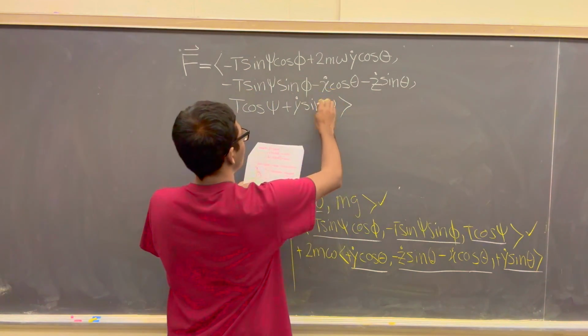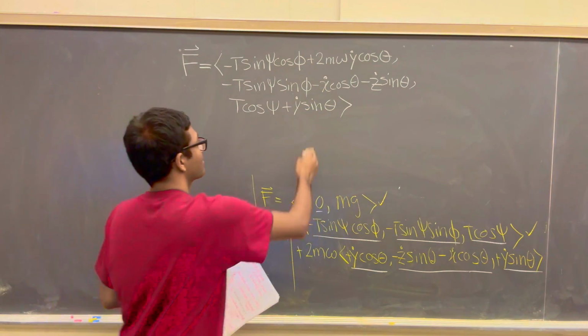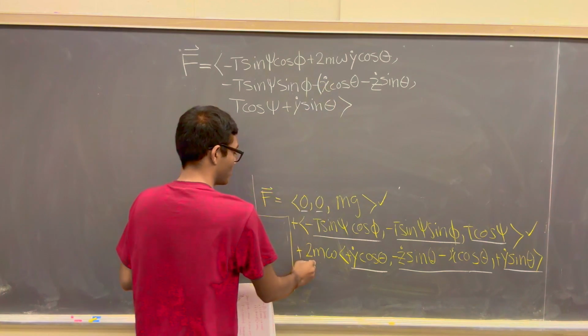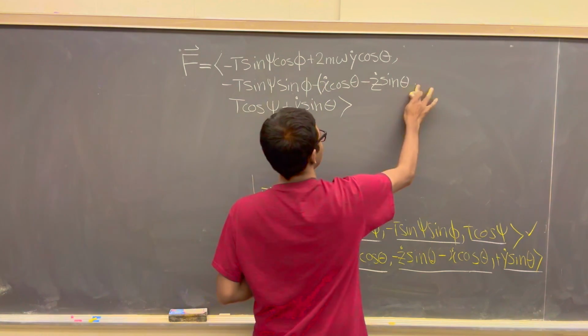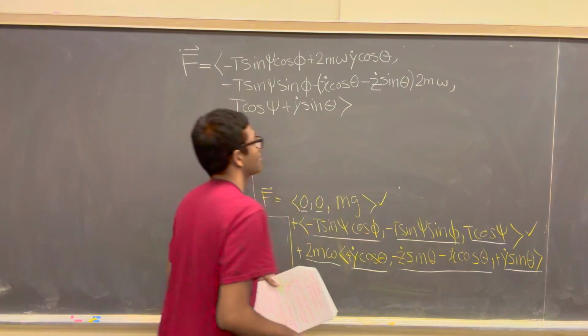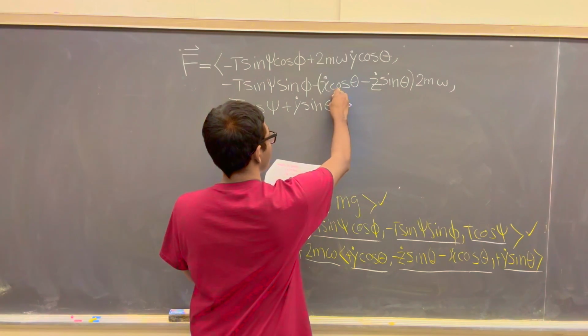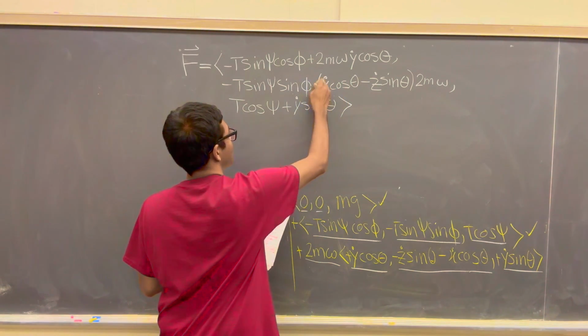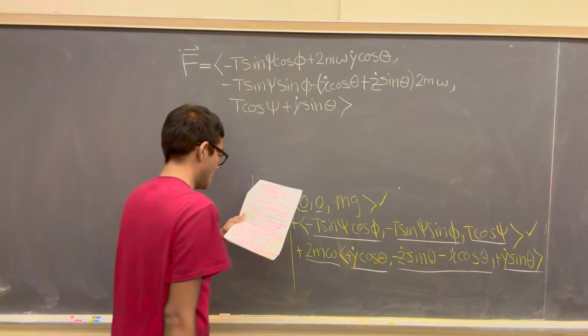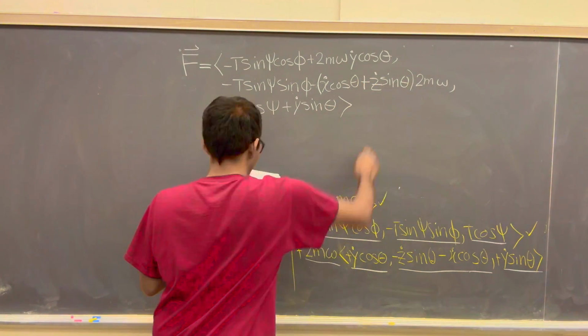And did I miss? Yes, this is why I check my work. I missed a factor of 2m omega when copying down this term. So there should be a 2m omega accompanying all of this. So 2m omega times x dot cosine theta. So now if there's a minus that I factored out, there should be a plus here. X dot cosine theta plus z dot sine theta, all times 2m omega.